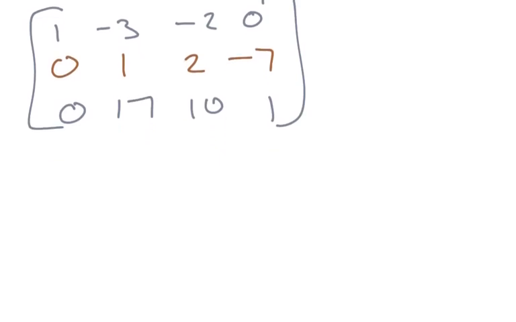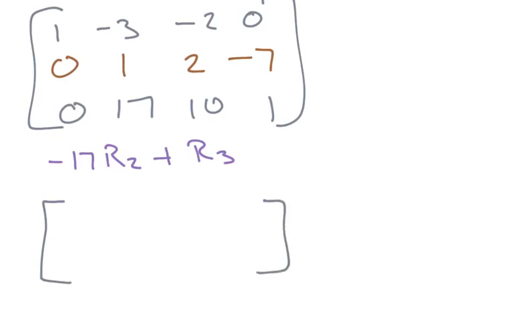The next step is that I want this 17 to be 0. So I'm going to multiply row 2 by negative 17 and add that to row 3. Let me actually do it first.